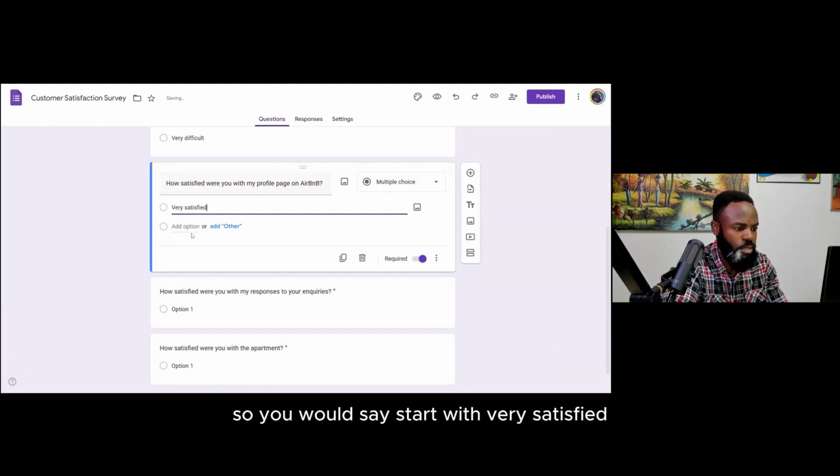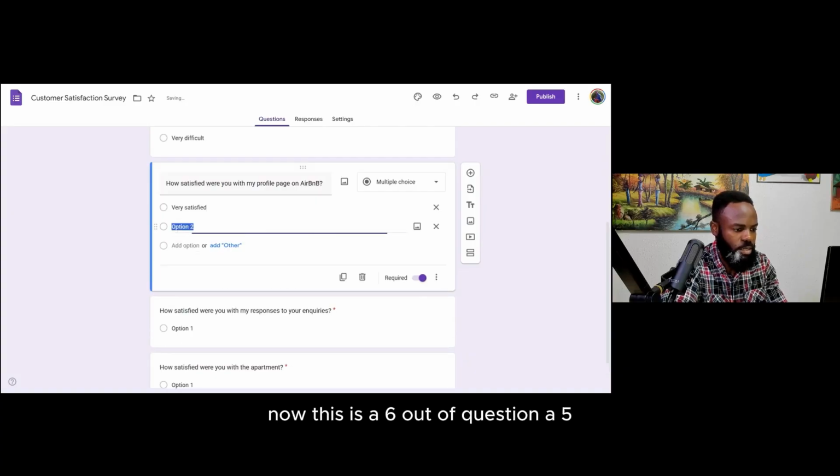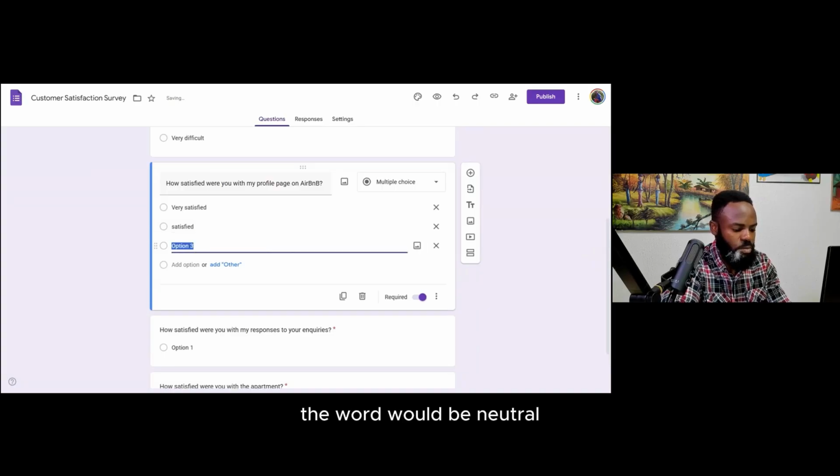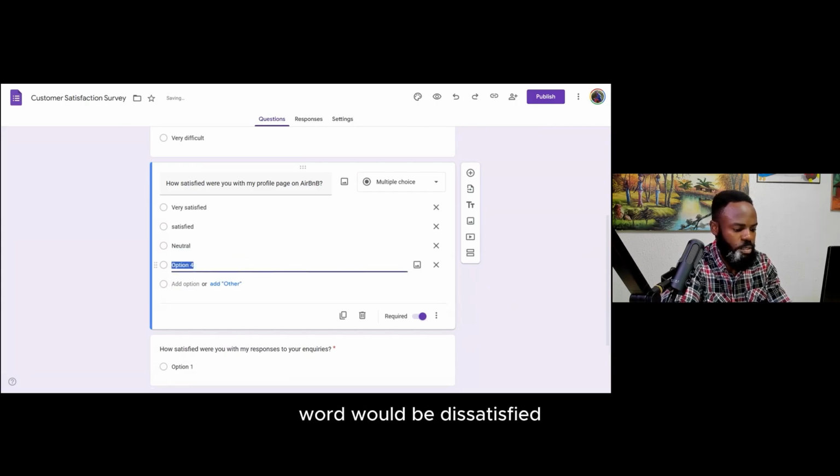So you would say, start with very satisfied. Now this is a CSAT question, a 5 scale CSAT question. Second one would be satisfied. Third would be neutral. It would be dissatisfied.